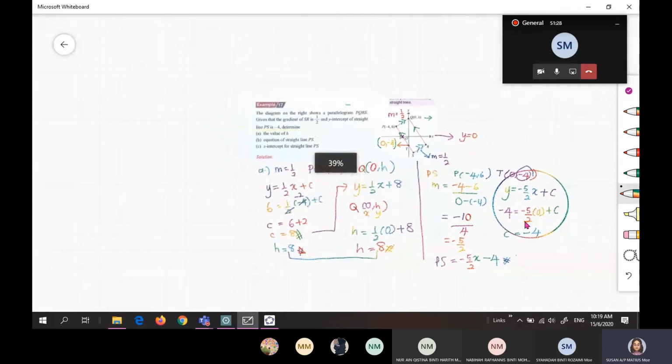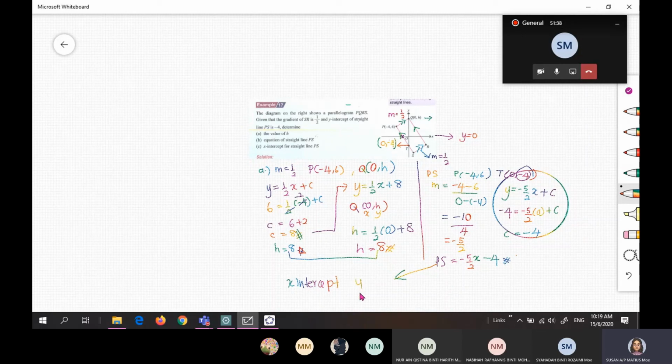When it's an x-intercept, the coordinate of y is equal to 0. So we just have the equation of PS equivalent to negative 5x over 2 subtract 4. This is y, guys, just to be clear on that.